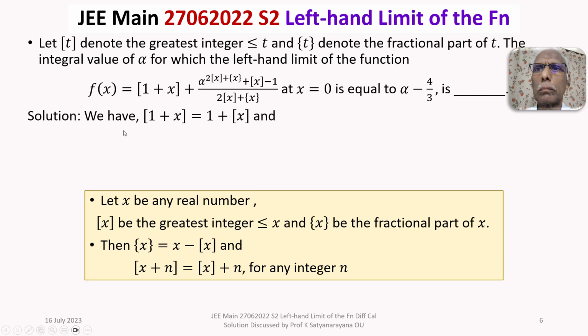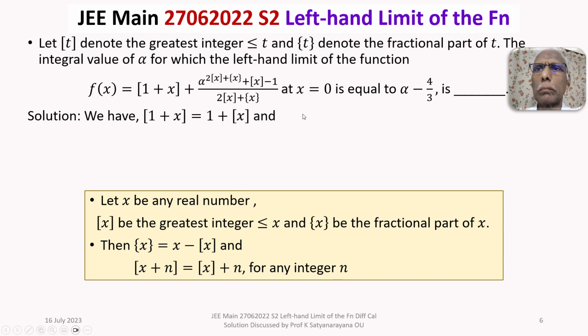We now discuss the solution in detail. [1 + x] is equal to 1 + [x]. We are using [x + n] is equal to [x] + n for any integer n.